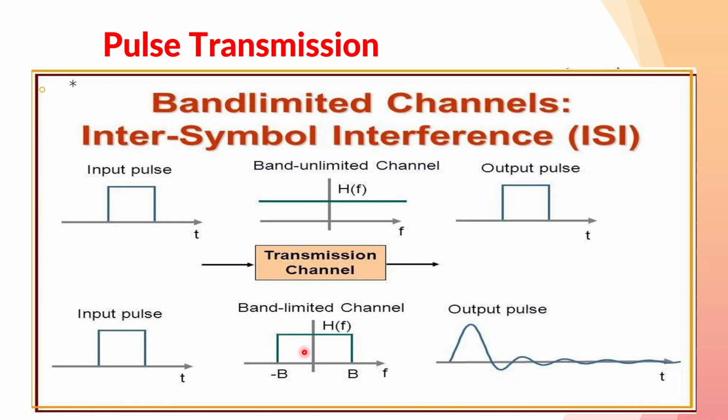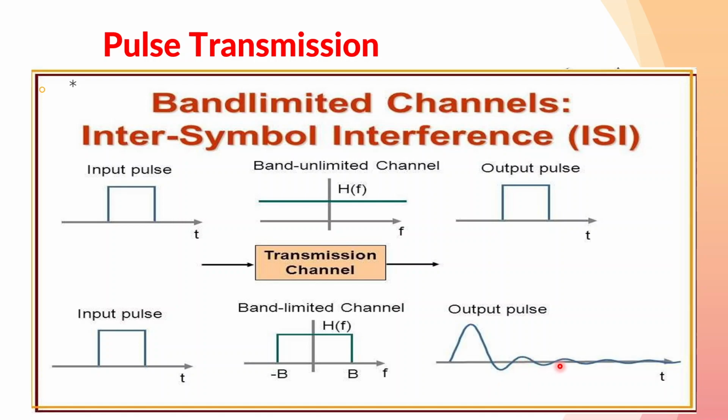Let us consider a band limited channel having bandwidth from minus B to plus B. If this bandwidth is sufficient to transmit the input pulse, then no problem, we will consider it as a band unlimited channel, and we will receive it as such. But if this bandwidth is less than what is needed for transmitting the input pulse, then it will lose its shape because of dispersion in the channel. The pulse gets dispersed in band limited channels, so the output pulse will take this shape.